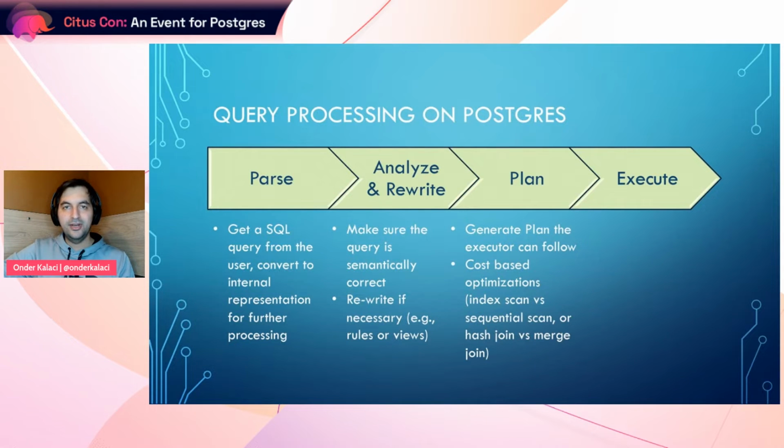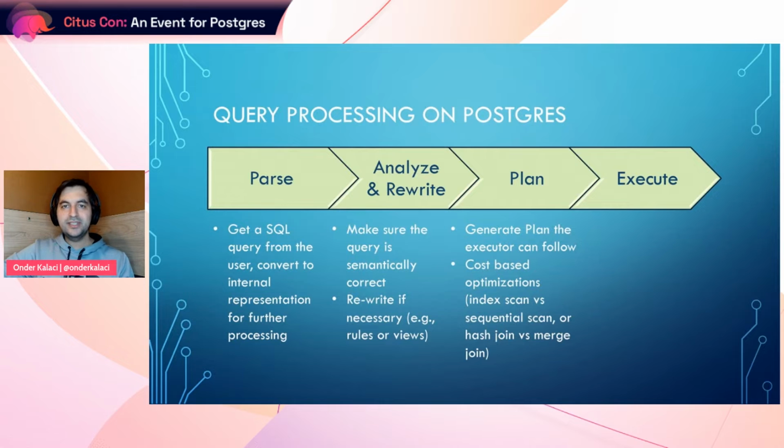If there are aggregates in the query, the aggregate could be a hash aggregate or group aggregate. If you have multiple tables joined, or subqueries, then in which order should they be executed? Should table A be joined with table B first, or A with C, or B with C? There are plenty of combinations in which a query can be planned.